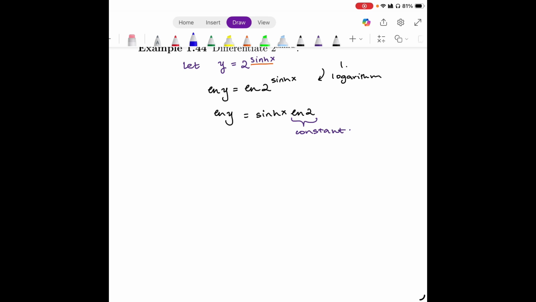Let's start differentiating. So we're going to put this, let's use orange. You can bring the constant to the front.